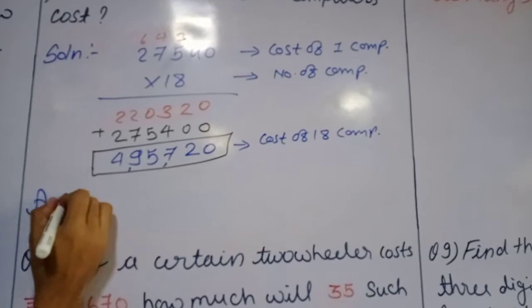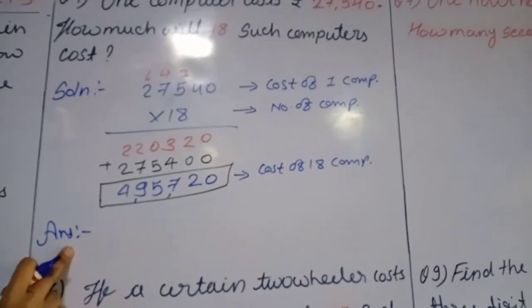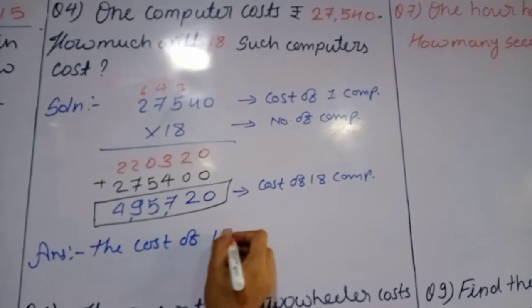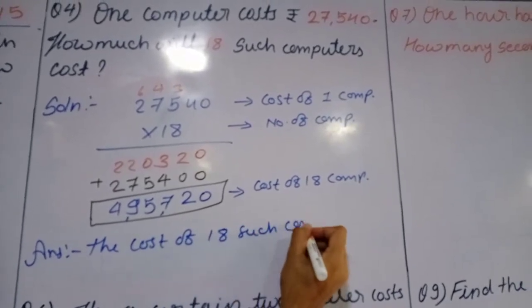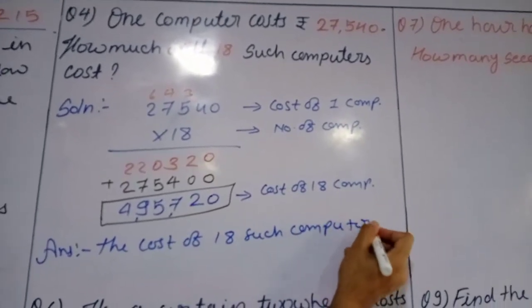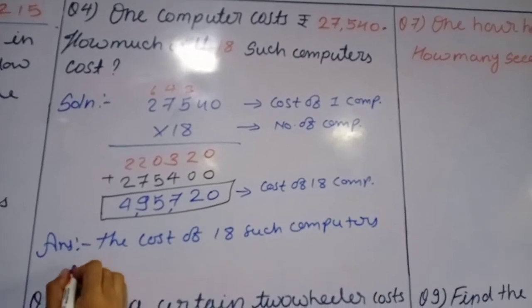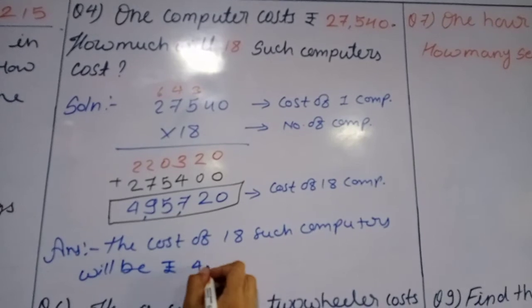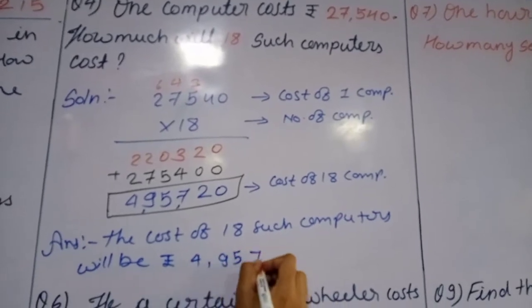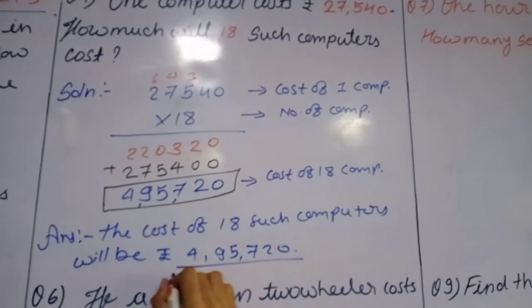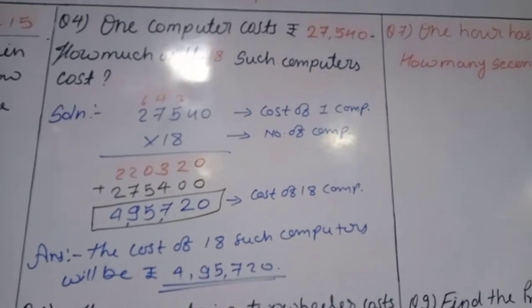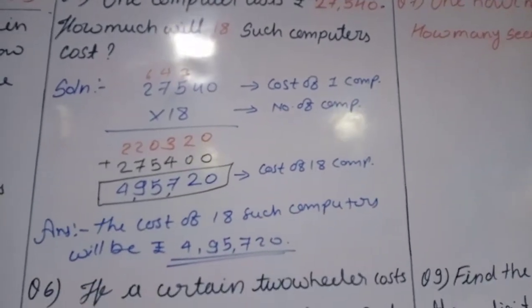Now we have to write the answer in the same statement they are asking. The cost of 18 such computers will be rupees 4,95,720. So this way we have to conclude our answer. Come for the next sum.